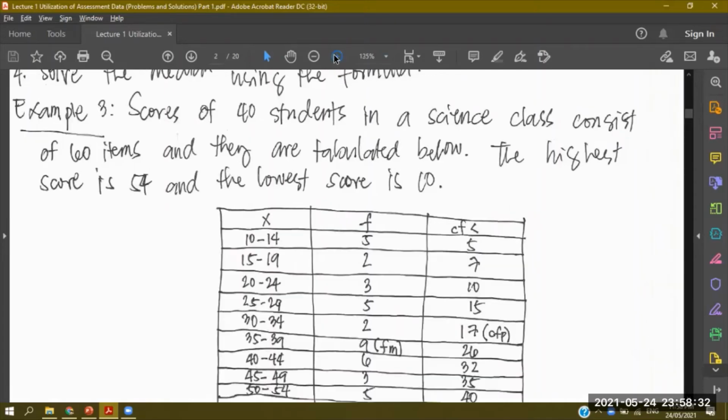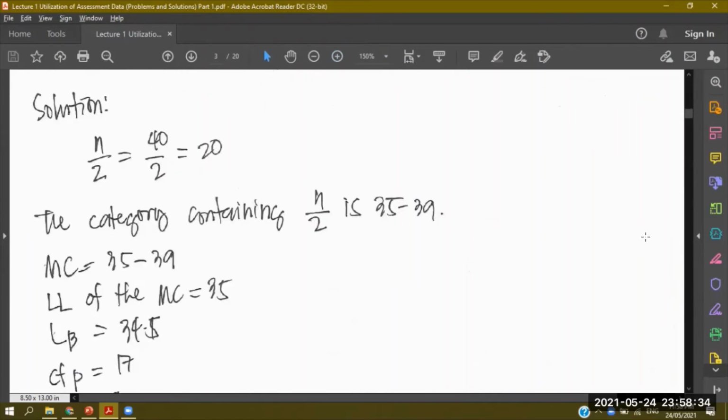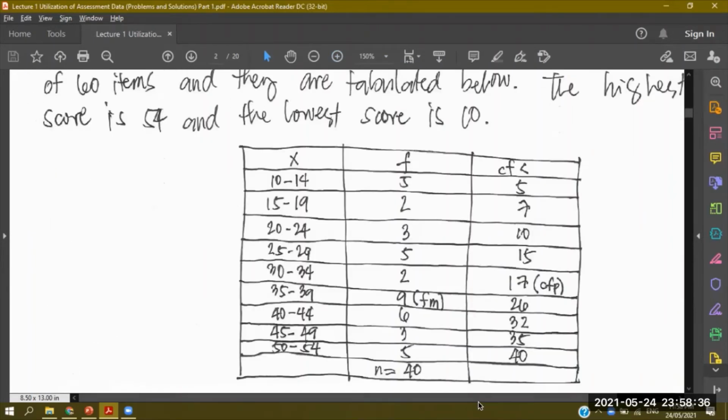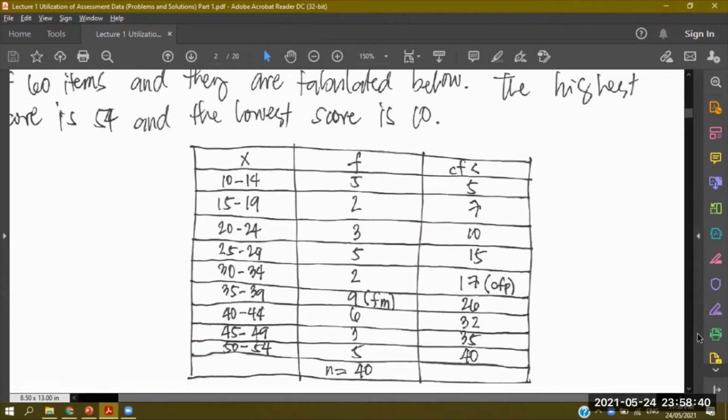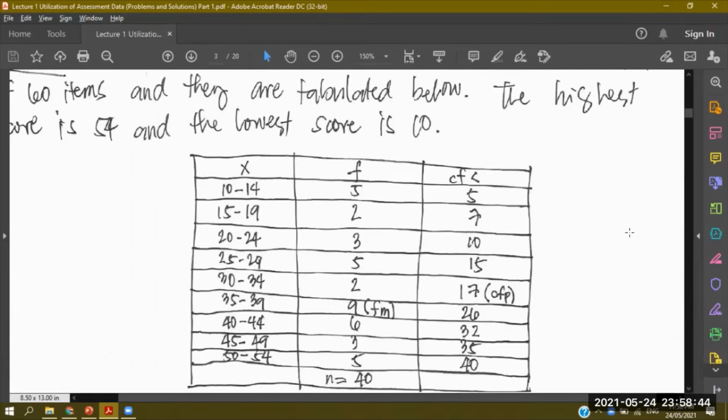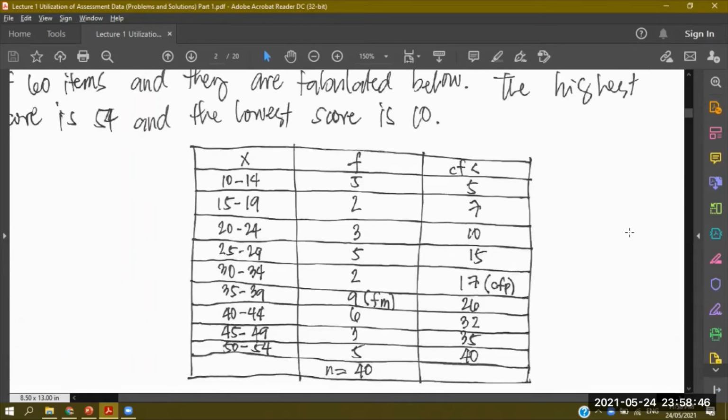Lakihan ko lang ng konti. Sorry, parang hindi ko talaga ginamitan ito ng ruler, no? Let's try to palakihin pa natin.